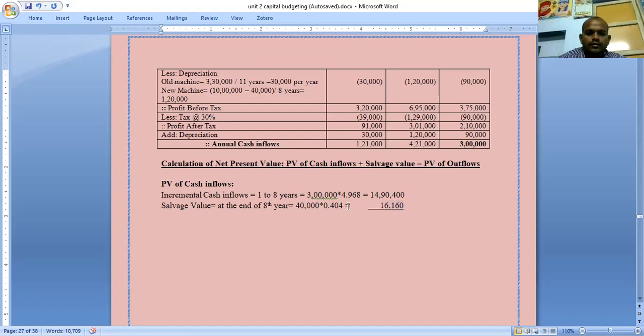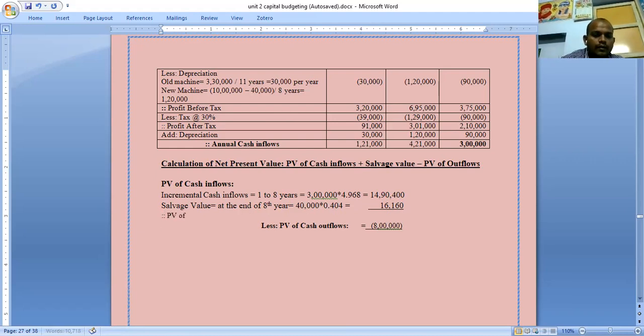Less PV of cash outflows. So PV of cash inflows are 15 lakhs 6,560.